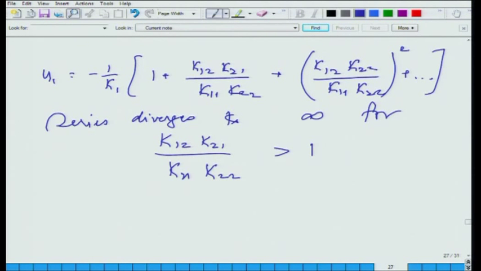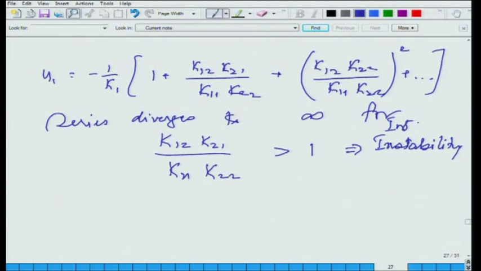The magnitude of the change in the inputs required to maintain both y1 and y2 actually blows up to infinity. All right. So if this is true, then you have instability.